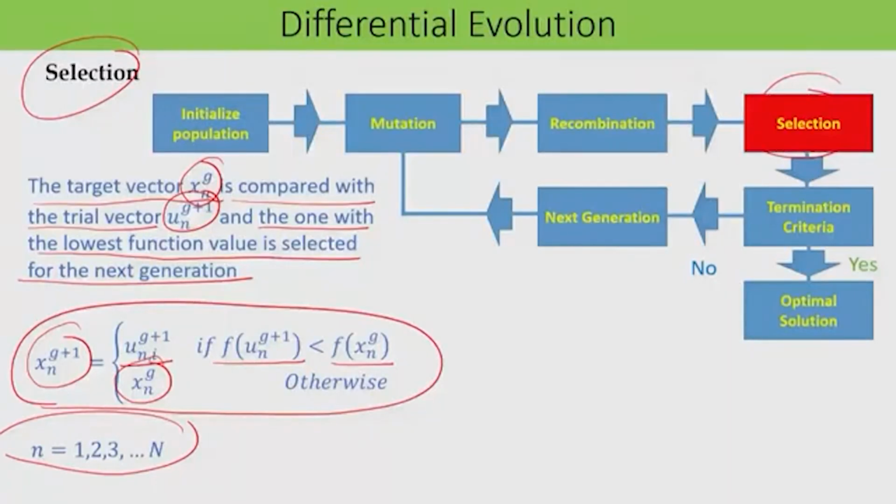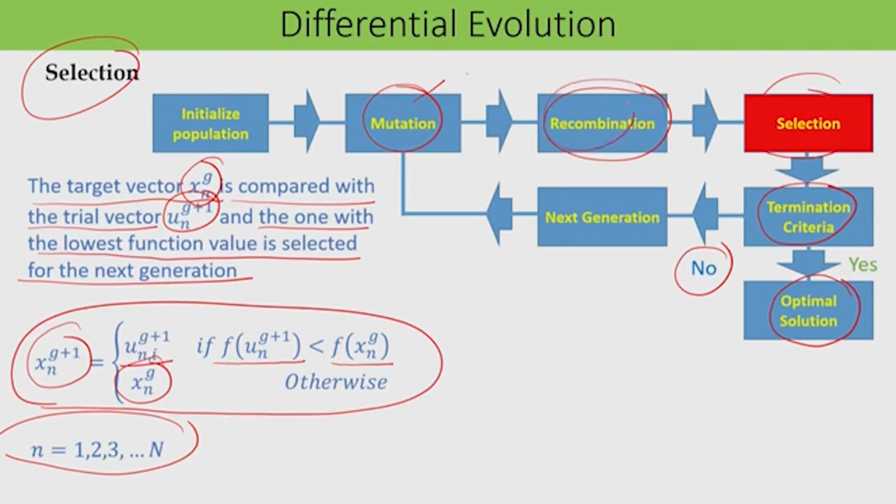So, we are selecting the better one, and then we will check the termination criteria. If it is satisfied, we will declare the optimal solution, or if it is not satisfied, this process will continue. Again we will go for mutation, where we create a donor vector, then recombination, where using the donor vector and the target vector we get the trial vector.